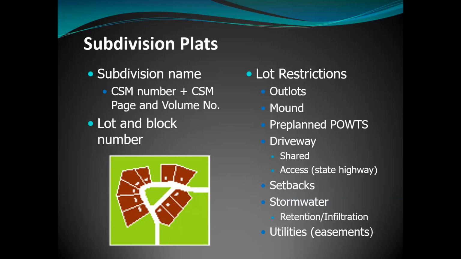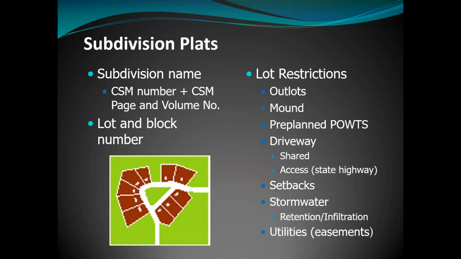Some of them have pre-planned systems out there. Other things like driveways, I just ran into one here, shared. It was a condo project where everybody had their own. It was all owned under common ownership, and everybody had a small spot listed for their home, but the septic could go anywhere in the common ownership. It was a really weird, convoluted thing.